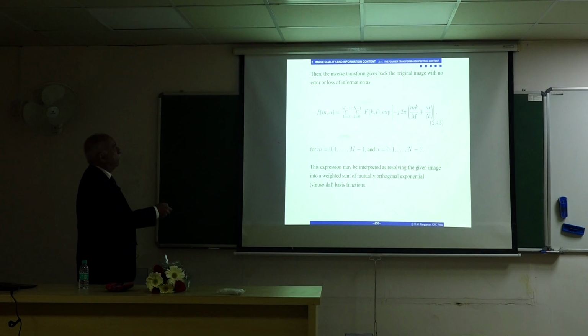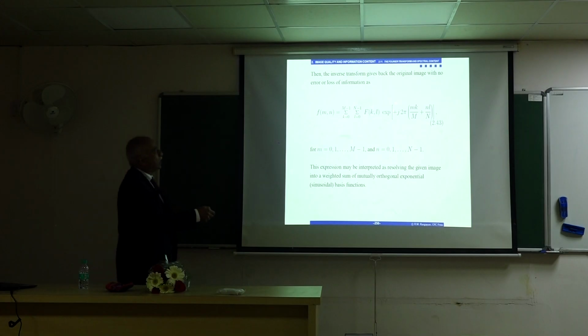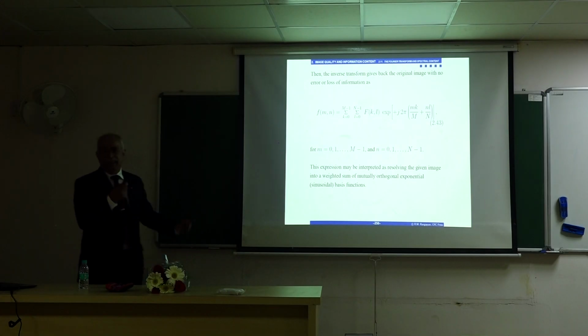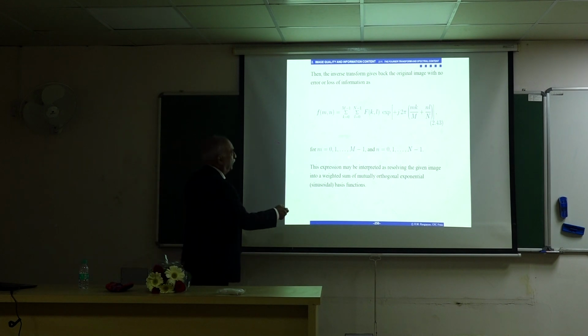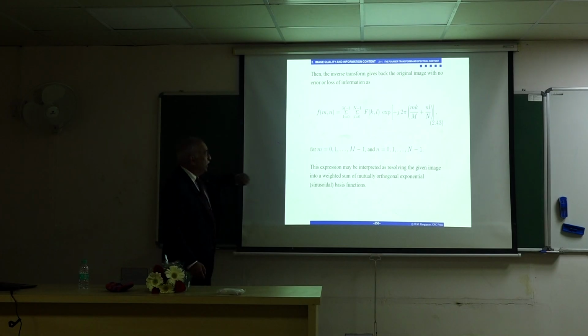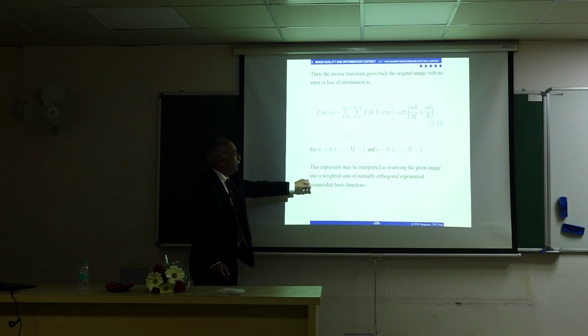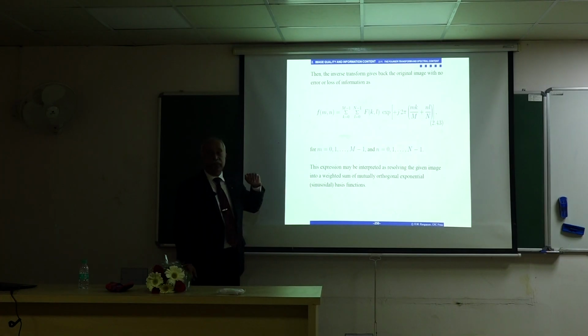So the inverse is f(m,n) equals capital F(k,l), the Fourier transform, summed over k and l, with exponential plus j2π, the same thing, plus. And for all m and n going 0 to M minus 1 and 0 to N minus 1. So this is resolving the given image into a weighted sum of mutually orthogonal exponential or sinusoidal functions.